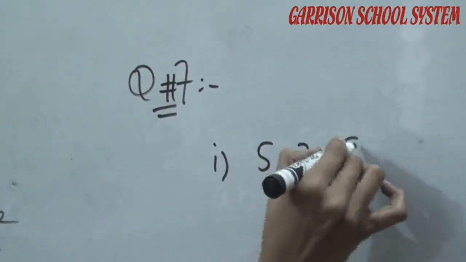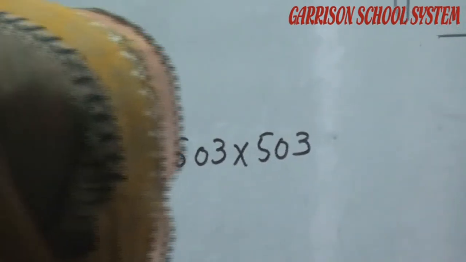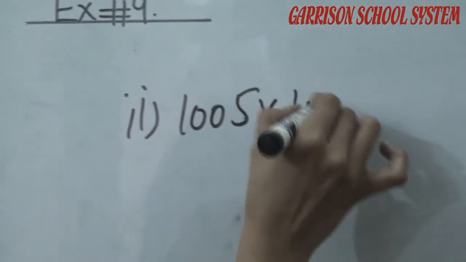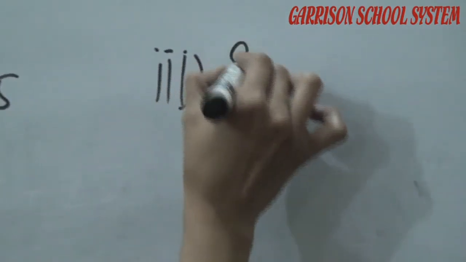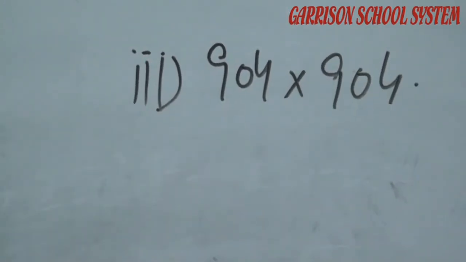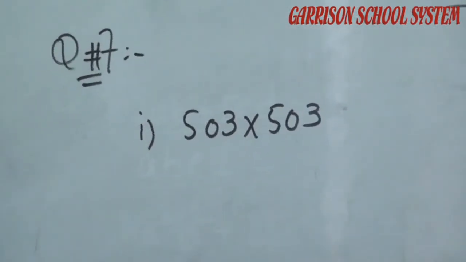First part is 503 multiplied by 503. Second part is 1005 multiplied by 1005. And the third part is 904 multiplied by 904. Find the values of 503 multiplied by 503.